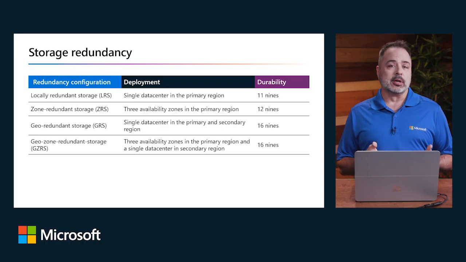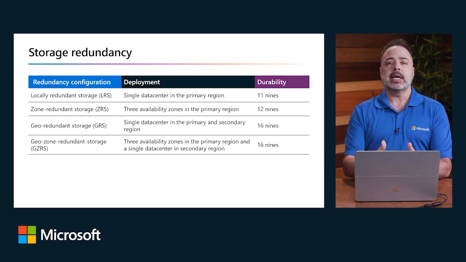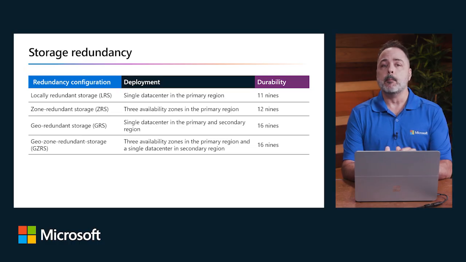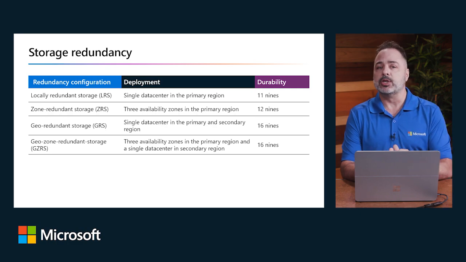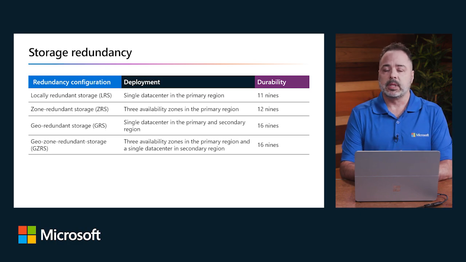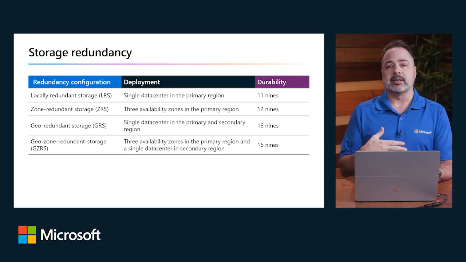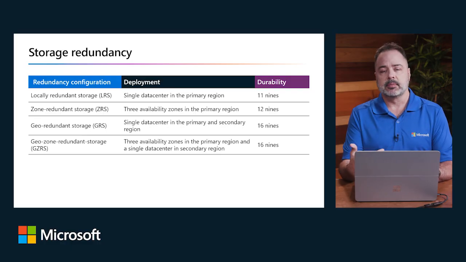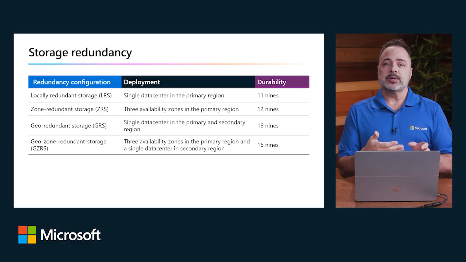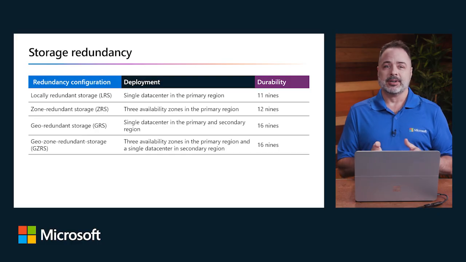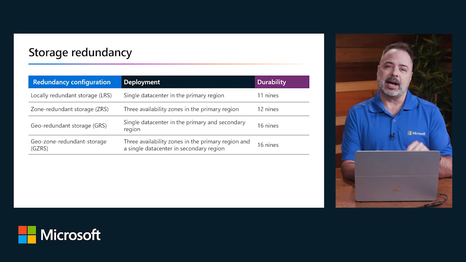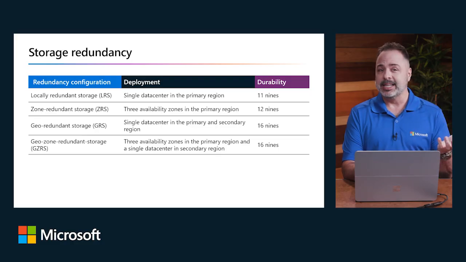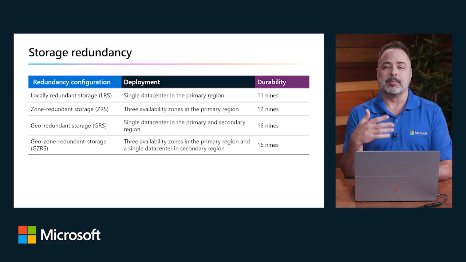Geo-redundant storage, or GRS, replicates your data to a secondary region more than 300 miles or 500 kilometers away from the primary region where your data was originally written. This ensures that your data is protected against regional disasters. Geo-Zone Redundant Storage, or GZRS, represents the high availability provided by redundancy across availability zones with protection from regional outages provided by geo-replication.